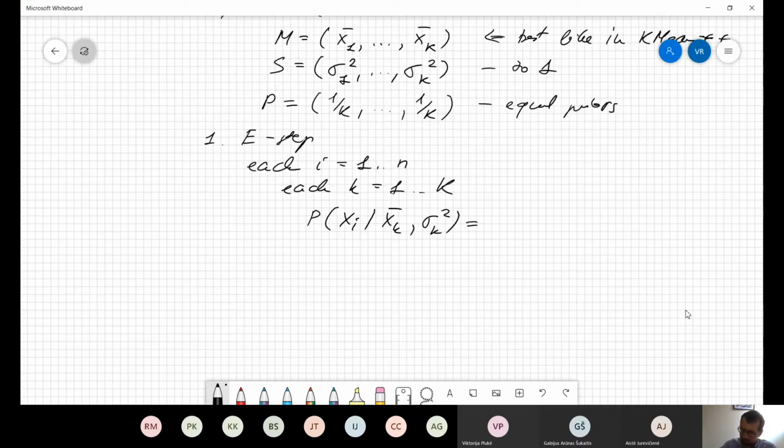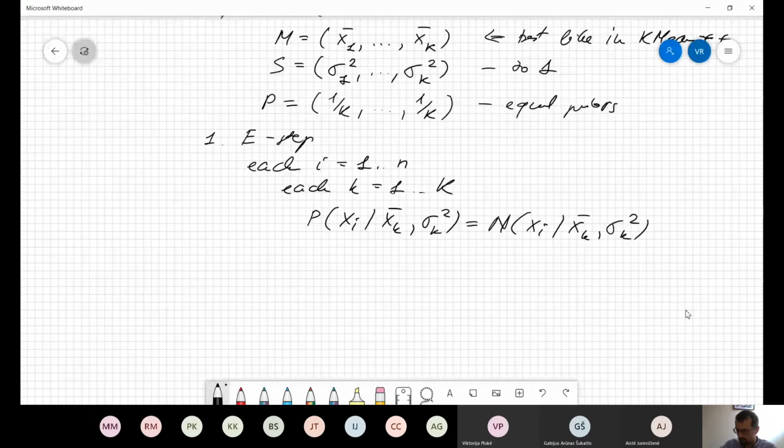This is the same formula we had before: N of xi given mu k and sigma squared k. We give this point because it is needed to calculate the actual probability of the point under this distribution, given these two parameters.